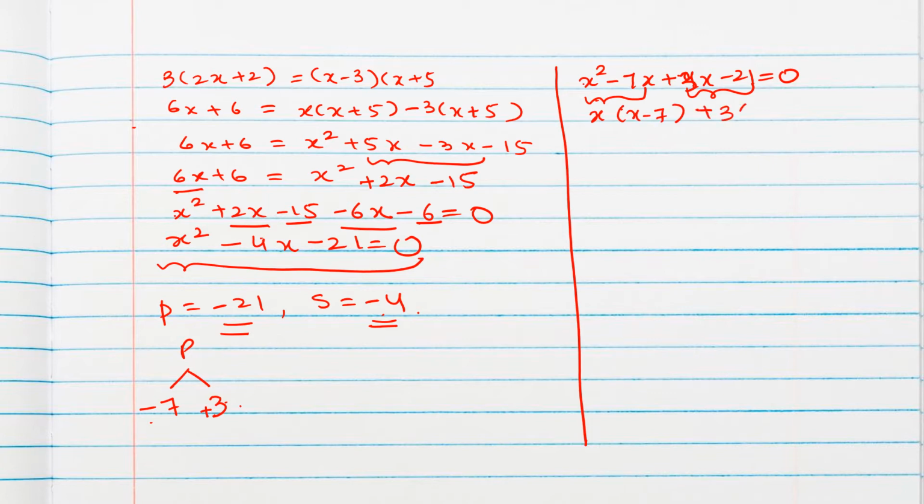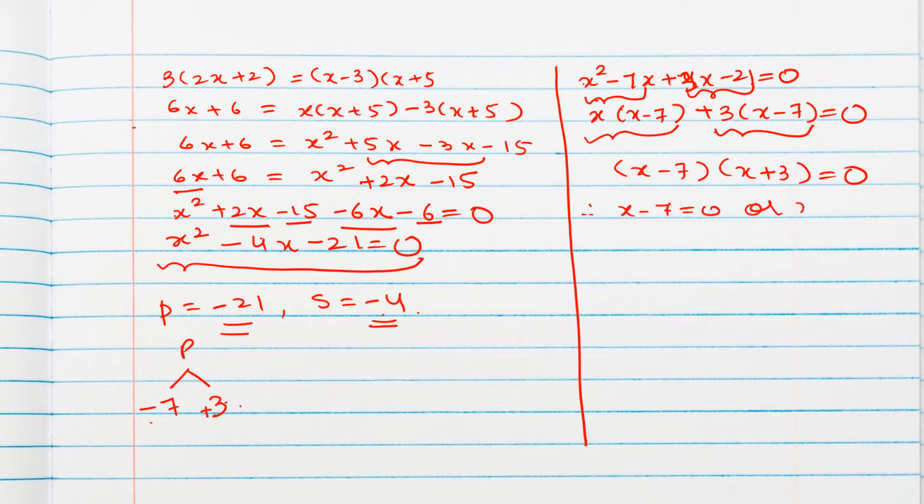Here 3 common, so x minus 7. Now from these we can take the bracket common, that is x minus 7, x plus 3 equal to 0. Therefore x minus 7 equals 0 or x plus 3 equals 0. So x equals 7 or x equals minus 3.